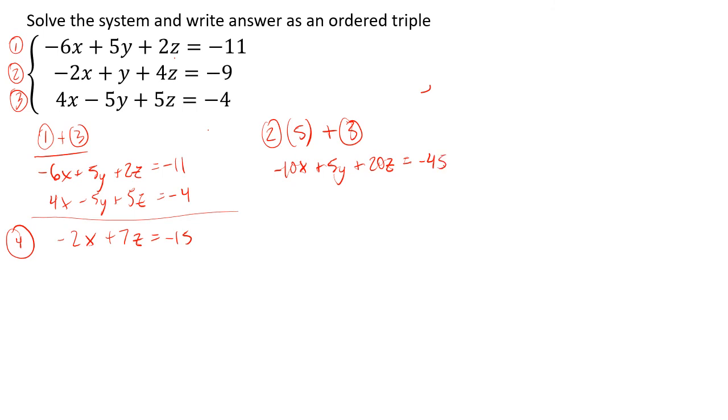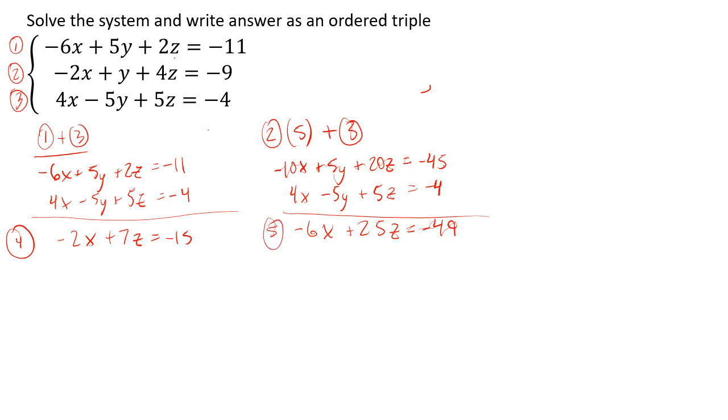And then equation 3 was 4x minus 5y plus 5z equals negative 4. And so what we end up with when we add these is negative 6x plus 25z equals negative 49. Okay, we'll call this equation 5.